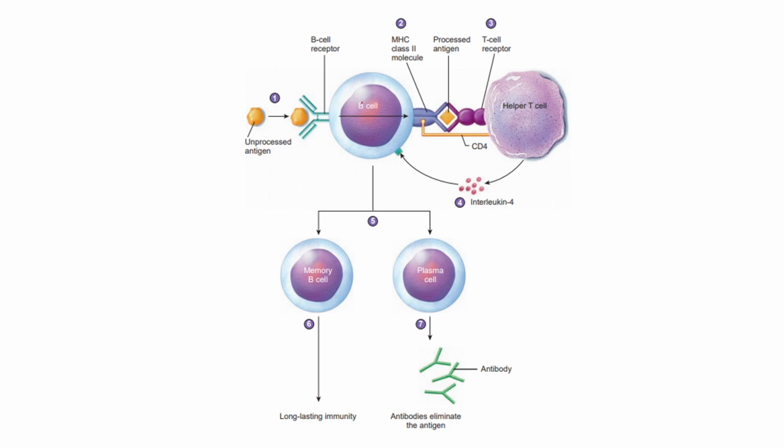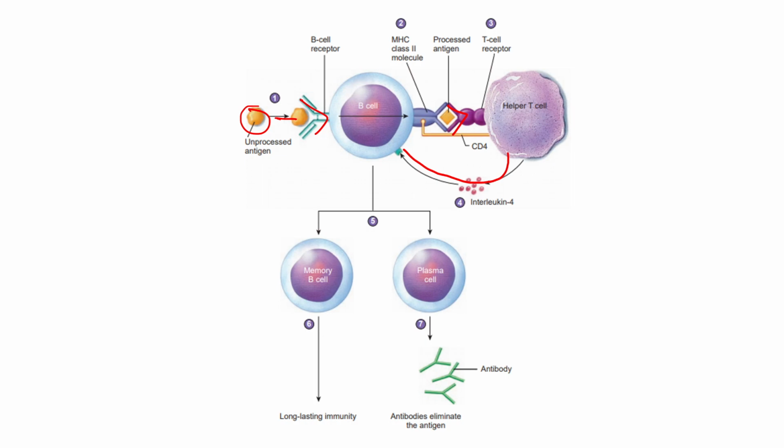Okay. So the unprocessed antigen will bind to the B cell receptor, and the helper T cell can also present the antigen with our MHC2 complex to our B cell.